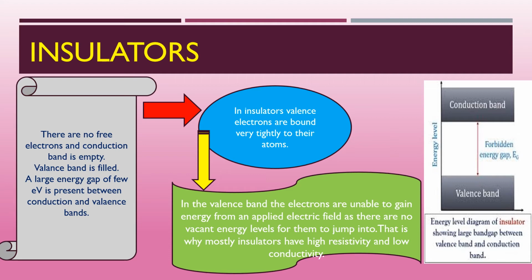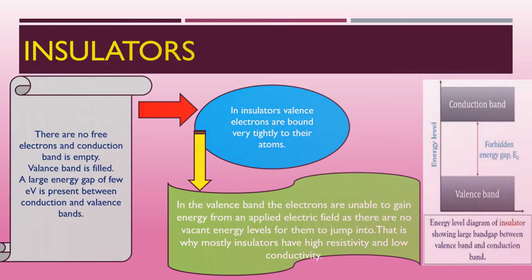So in the valence band, the electrons are unable to gain energy from an applied electric field as there are no vacant energy levels for them to jump into. So this explains the extremely high resistivity and low conductivity of many insulators.